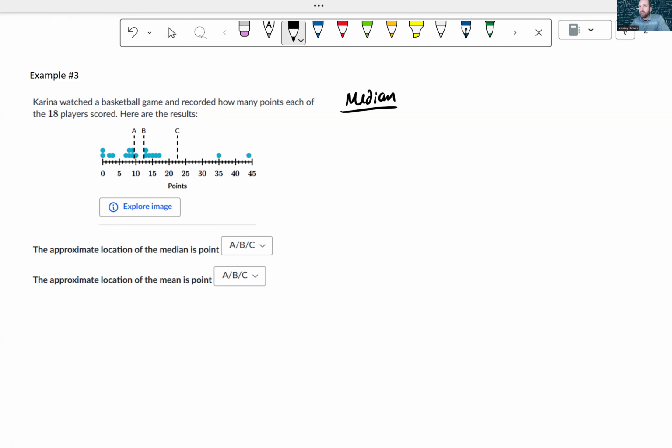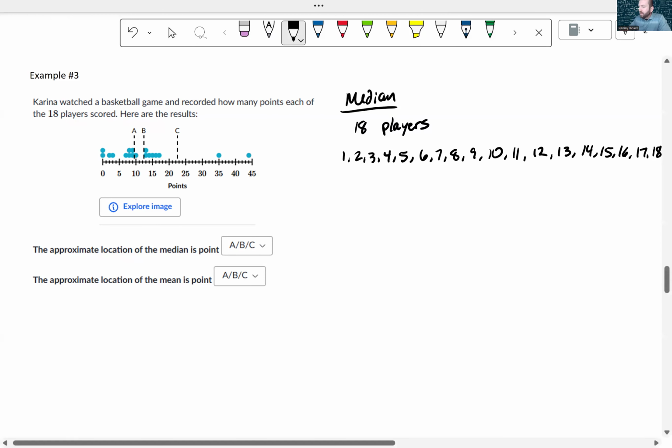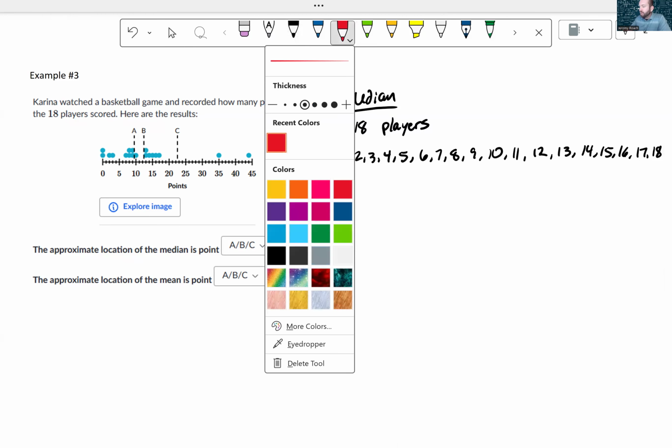So for 18 players, we're going to write a list 1 through 18. That might take us a little bit, but this is just to show you how we calculate the median when we have, in this case, I believe two numbers in the middle. So just keep writing our list here. 16, 17, 18. Okay, now we're going to cross out on each side.